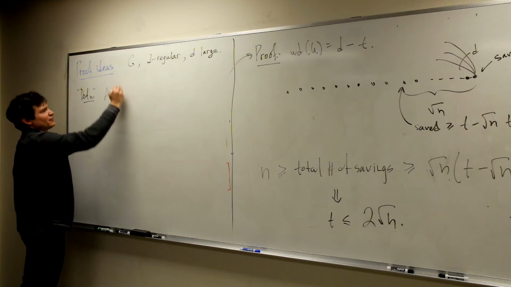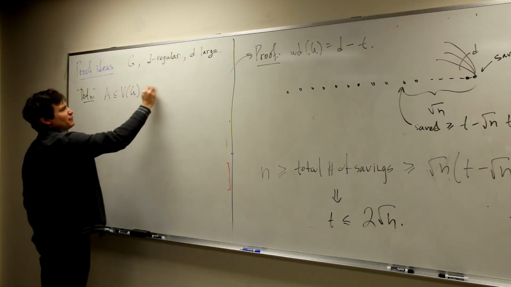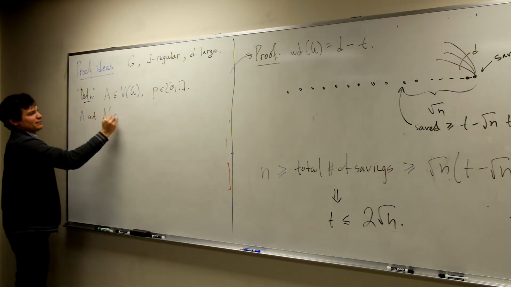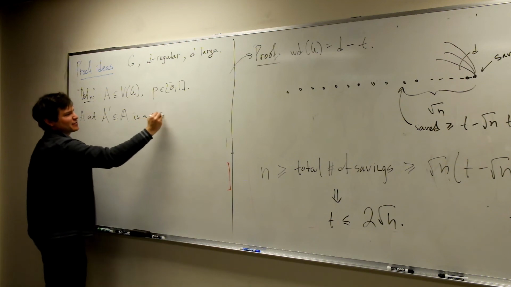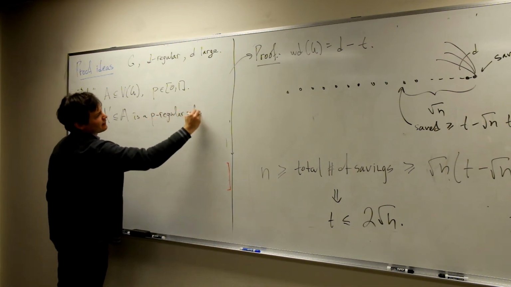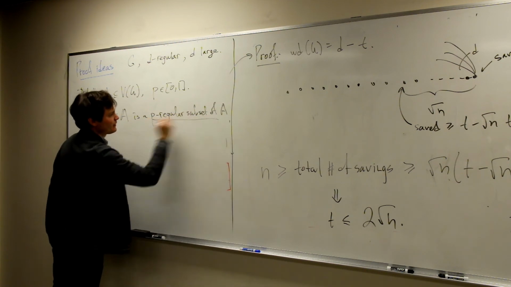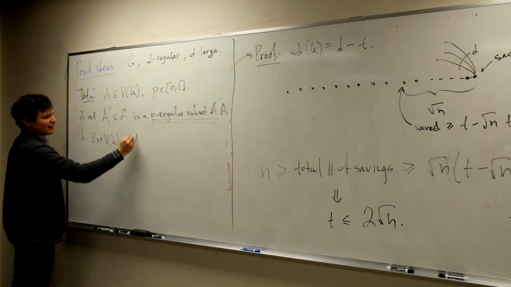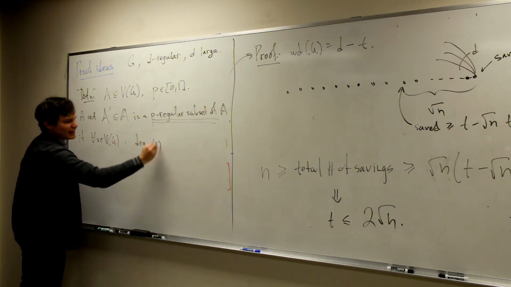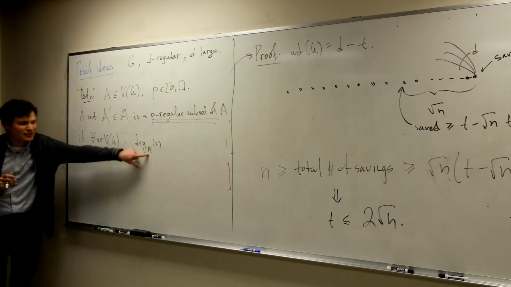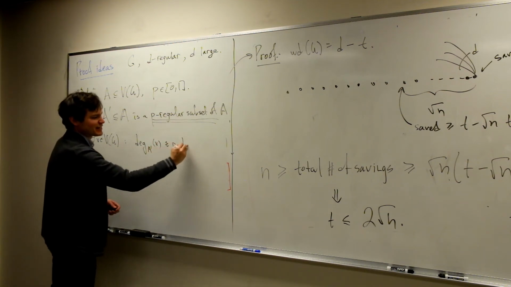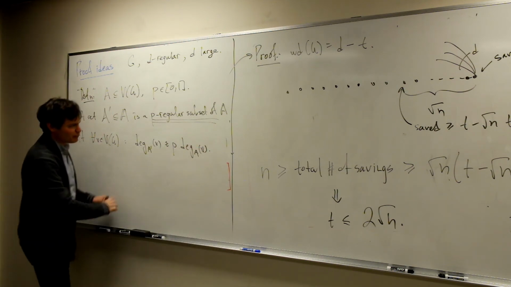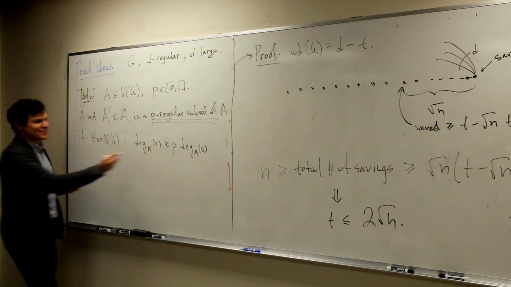So if I have a subset A of the vertices of my graph, and some number p between 0 and 1, I'm going to say that the set A prime is a p-regular subset of A if for every vertex V of my graph, the number of neighbors of this vertex in A prime, this is my notation for it, degree sub something is the number of neighbors in this set, is roughly p times the number of neighbors of V in A. This is the part I don't want to explain, so you can make this rigorous.